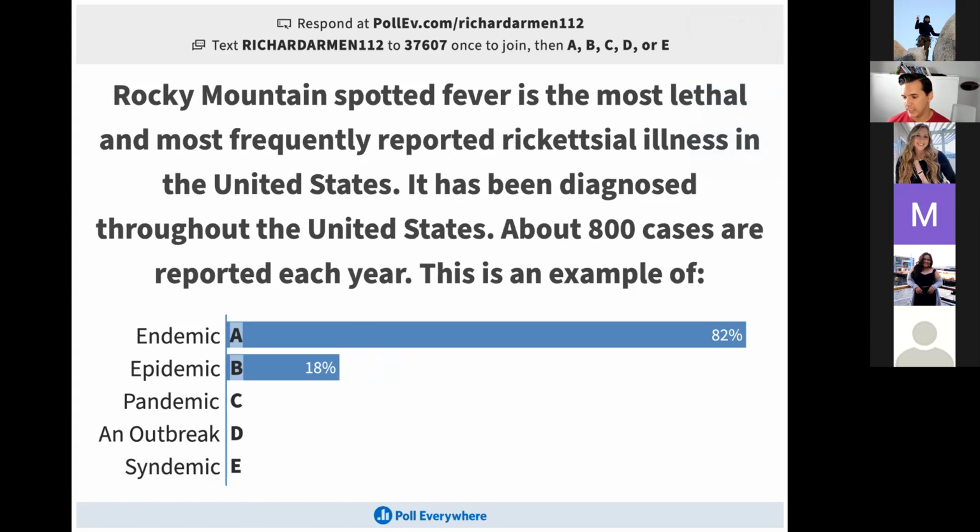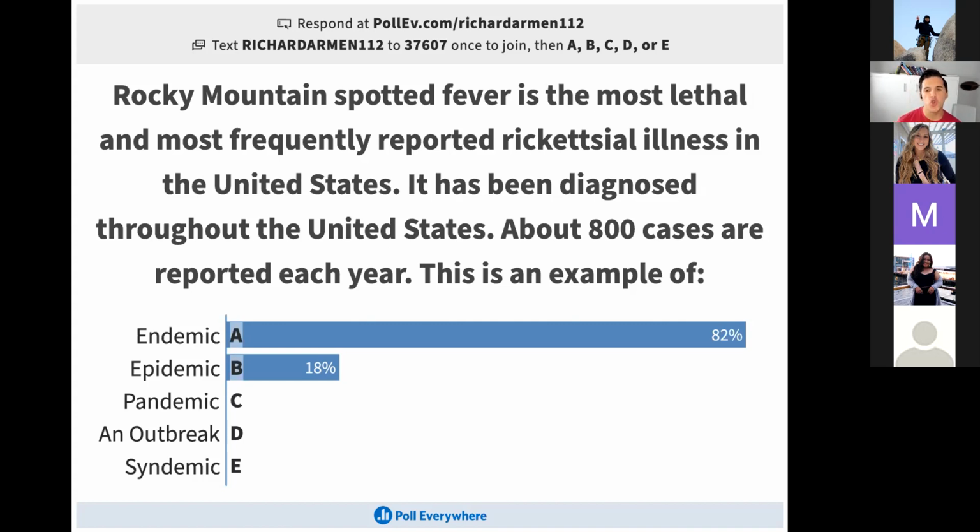So that means Rickettsia rickettsii, or Rocky Mountain spotted fever, as I have it here. It is actually a real tick-borne illness that causes a rash all over the body. It's endemic in San Diego County and in Southern California and in the Colorado Rocky Mountain region. It's similar-ish to Lyme disease in being a tick-borne disease, but it's endemic in the United States. And we see about 800 cases.